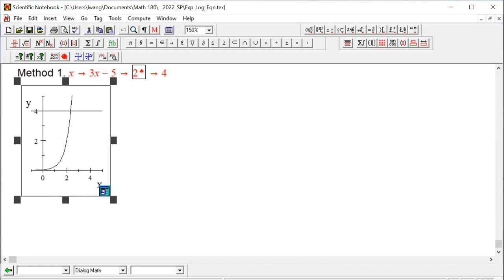But our job is to identify how much is this much. We just need to identify how much this is. We know the vertical value is 4.